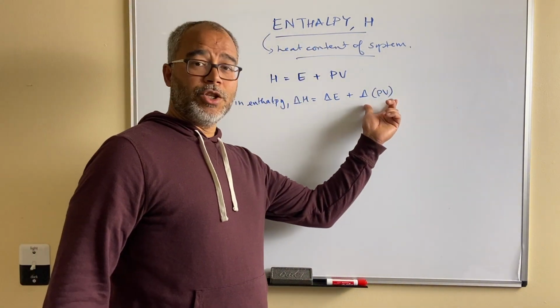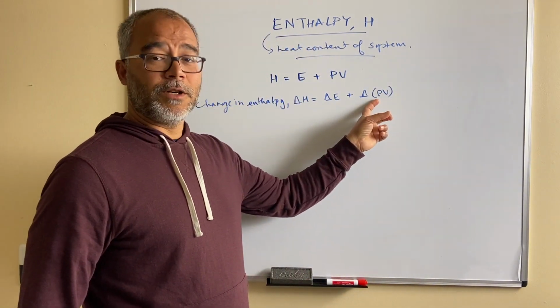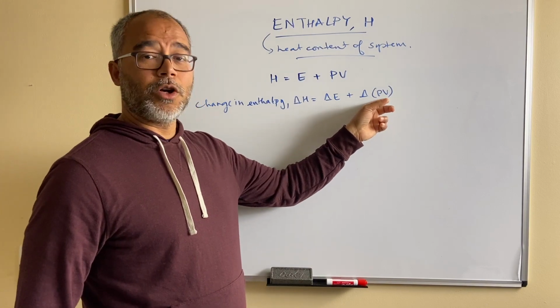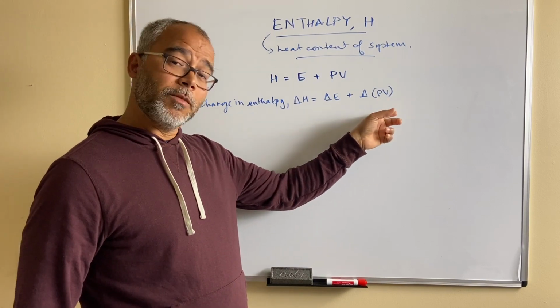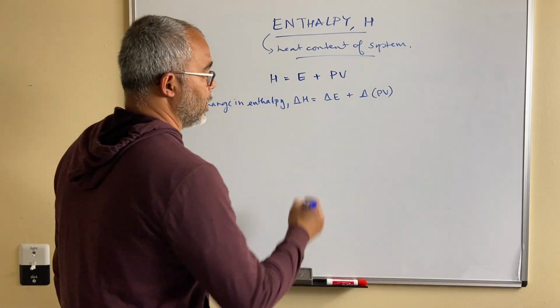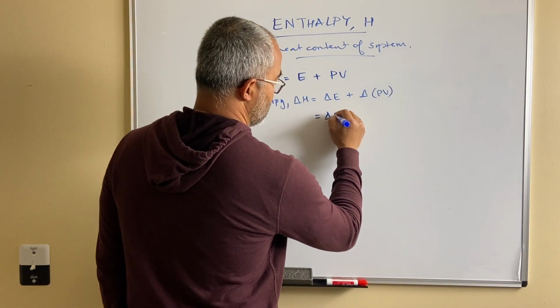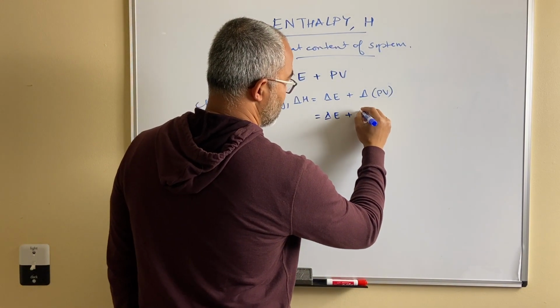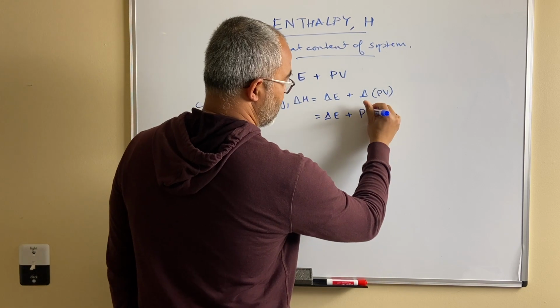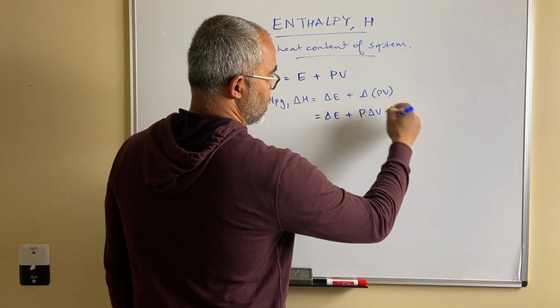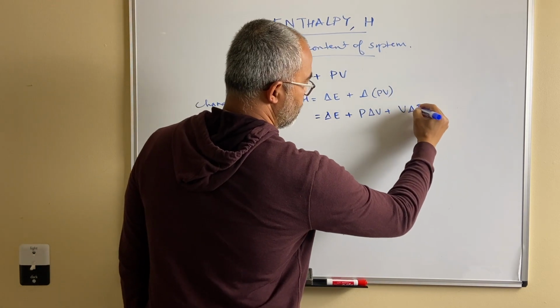To describe this change, we keep the pressure constant first and look at the change in volume, and then keep the volume constant and look at the change in pressure. So this becomes delta E plus P delta V plus V delta P.